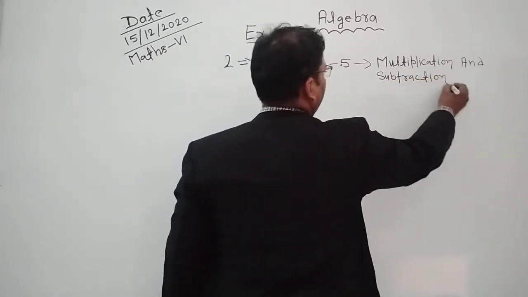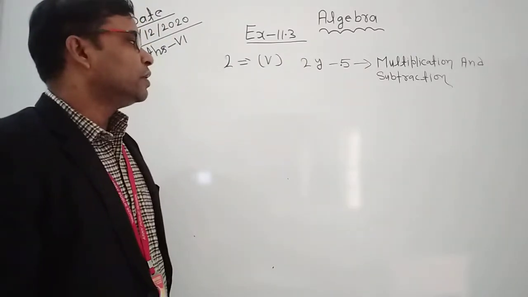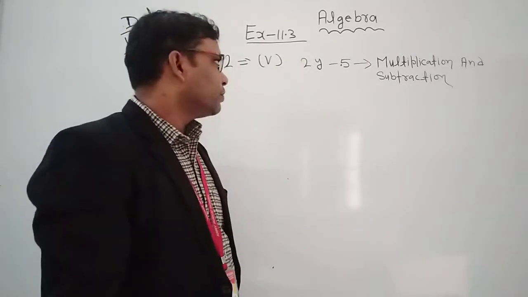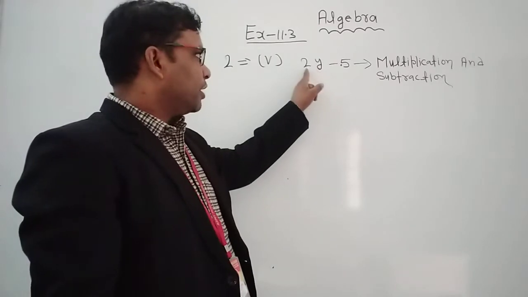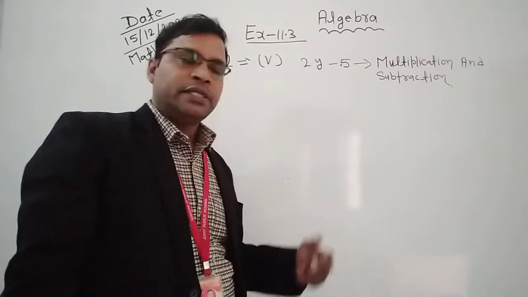Now we need to write how the expression has been formed. You can say first y is multiplied by 2. After this, 5 is subtracted from the result.